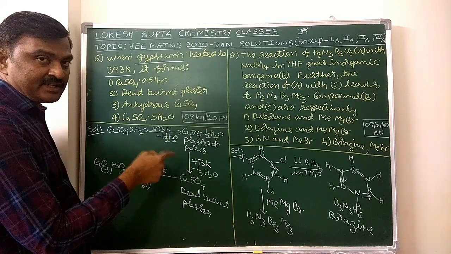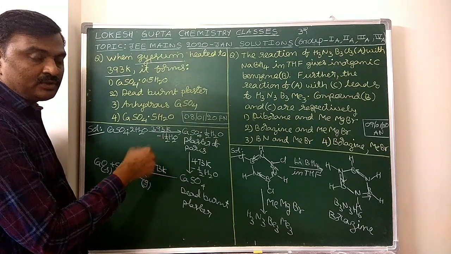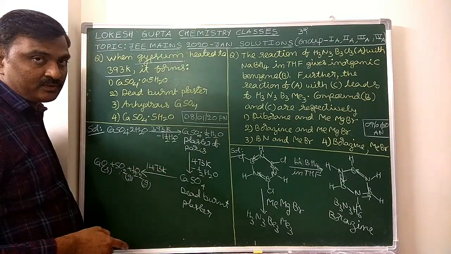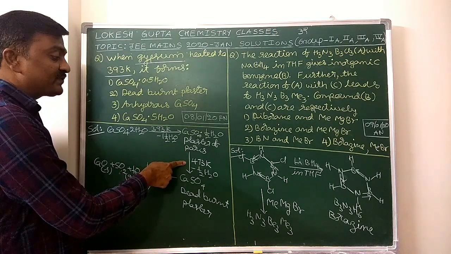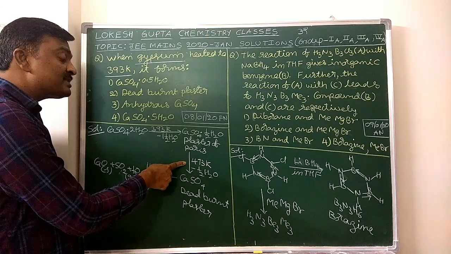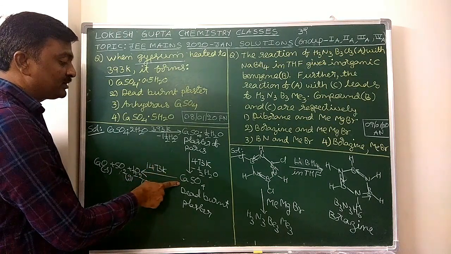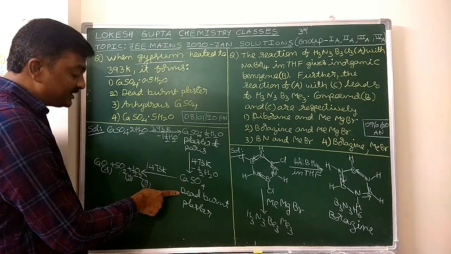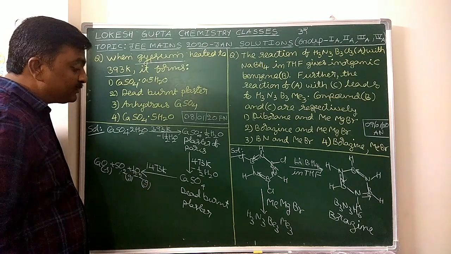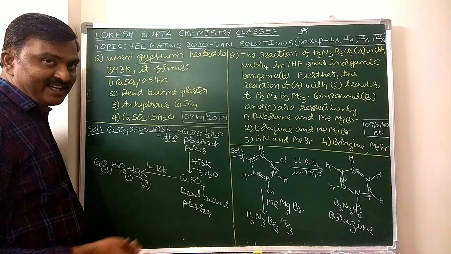Or you can write it, if you multiply by 2, as (CaSO4)2·H2O. When it is heated to 200 degrees centigrade, that is 473 Kelvin, it loses the remaining half water molecule also and forms CaSO4. It is called dead burnt plaster. Why is it like that?